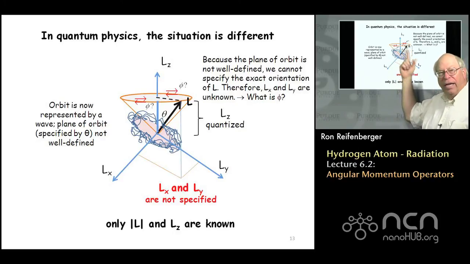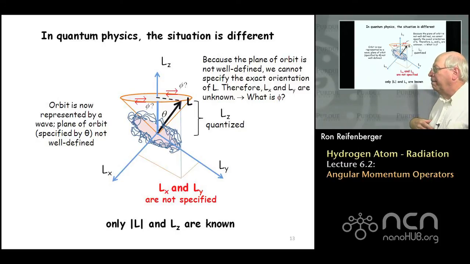The magnitude of the angular momentum is also known, but its orientation, its position along the orbit, is not well defined simply because the electron is represented as a wave.